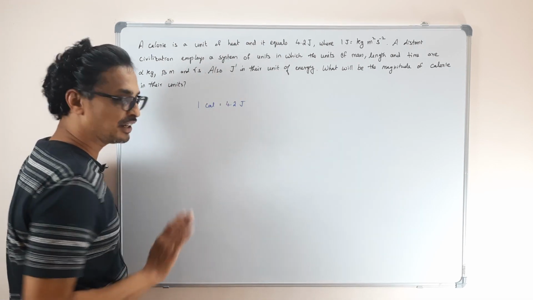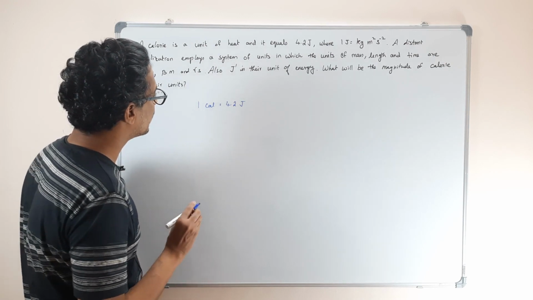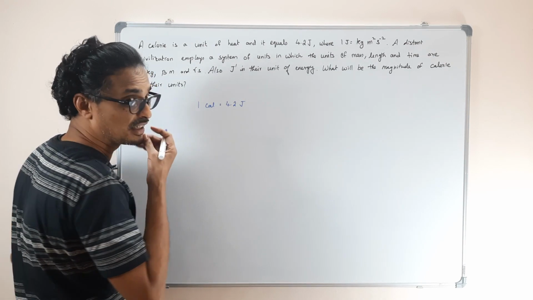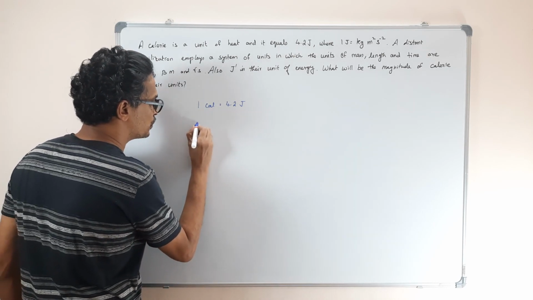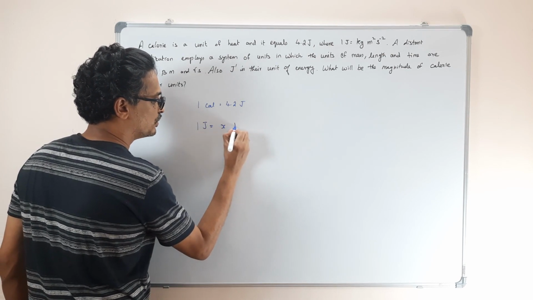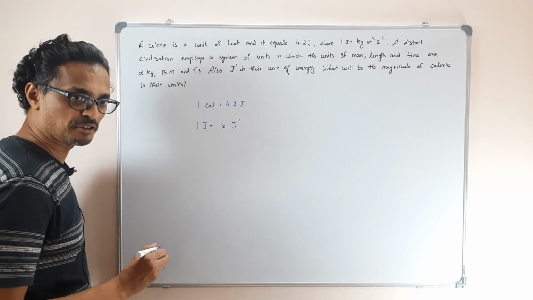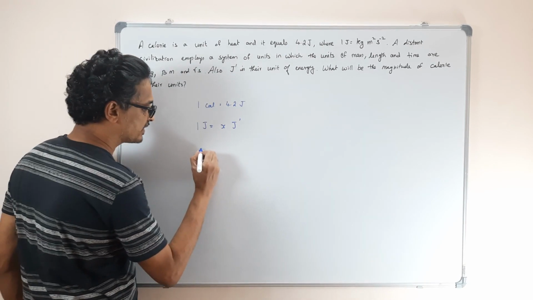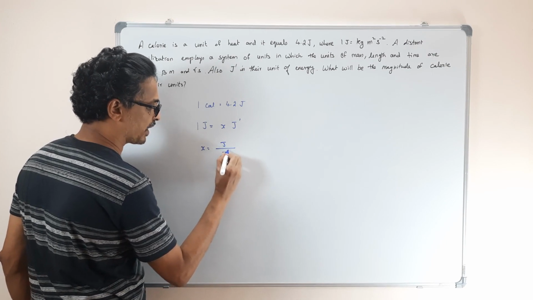So first we write 1 joule is equal to x joule prime. You remember what we did. So x is equal to J by J prime.